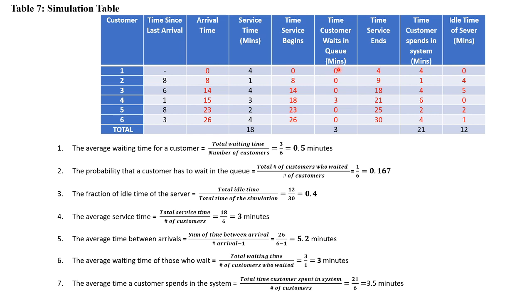He came in and instantly the server started attending to him. Then the time service ends. Service will end at time 4, because the service took 4 minutes and the customer came in at time 0. The server spends 4 minutes to serve the customer, so the service ends at time 4.